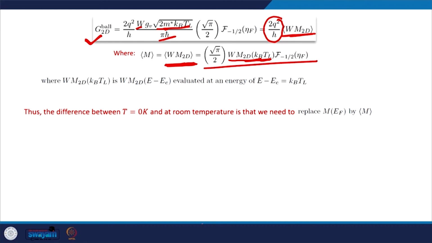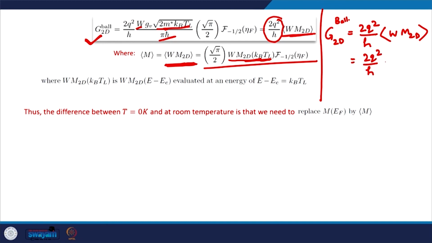Okay. So, what we finally realize is that the conductance in a ballistic conductor at room temperature, let us say, can be written as 2q square by h W times M 2D, or it is written as 2q square by h average of M, where this average of M is essentially M 2D KT, Fermi-Dirac minus.